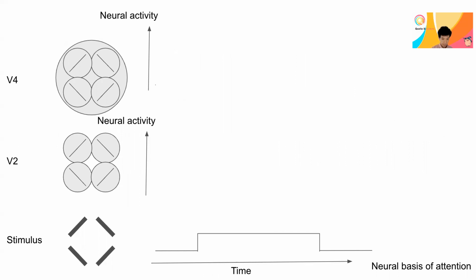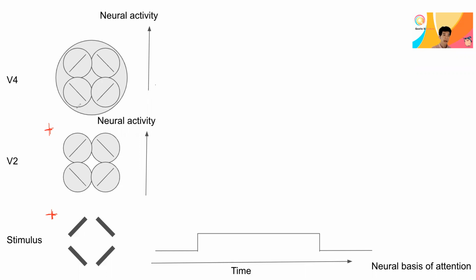So here, what I'm showing in this figure on the left side is that, let's say, you see a stimulus like this. Let's say you are looking at somewhere here. And when you are fixating at this cross, there are potentially four stimuli. Within area V2, some neurons have a receptive field corresponding to each location of the stimulus.